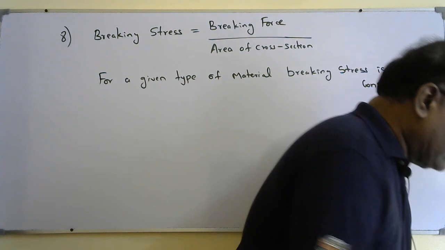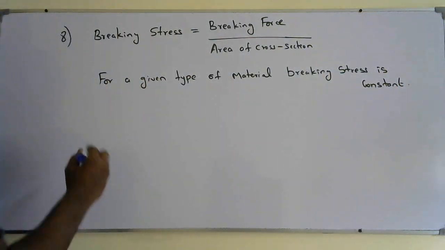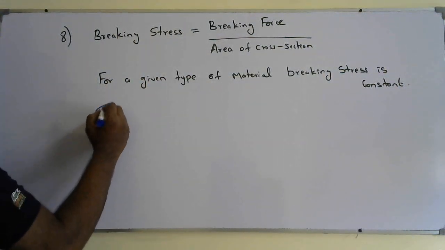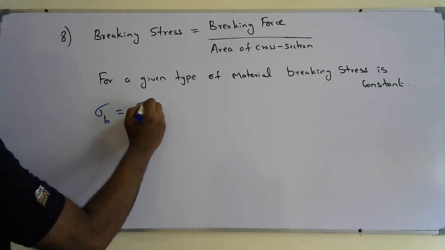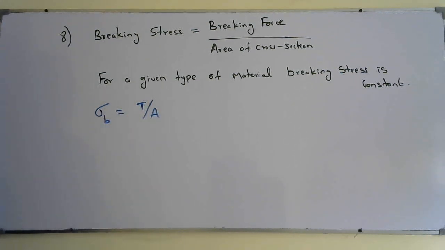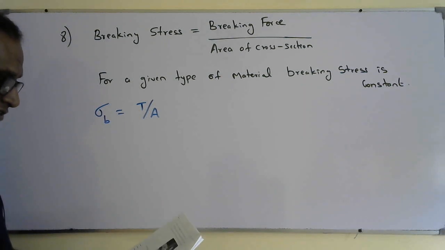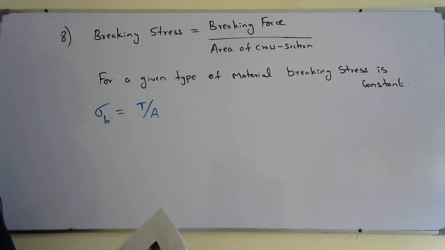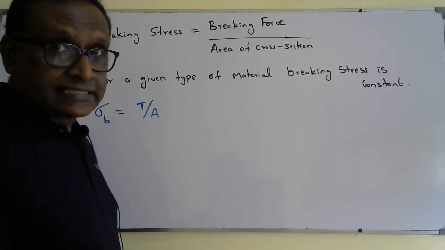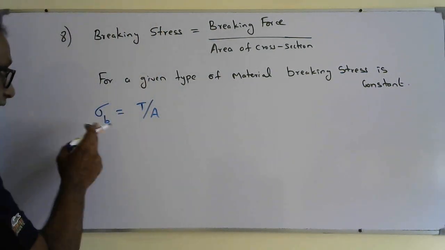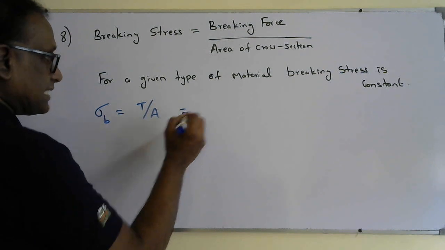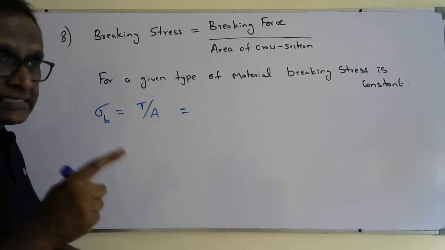So in this question, initially the breaking stress, which I can call sigma B, is T over A, area of cross section. The question is, which of the following is the force required to break the second wire? The second wire has double the diameter, meaning area of cross section becomes 4 times. For that also the breaking stress is the same. Same material, same breaking stress.